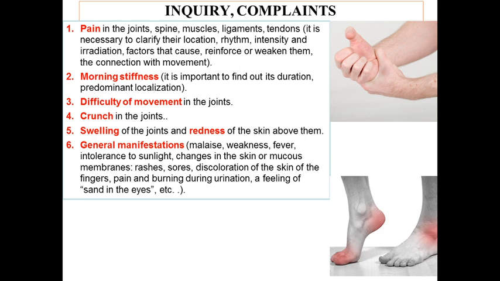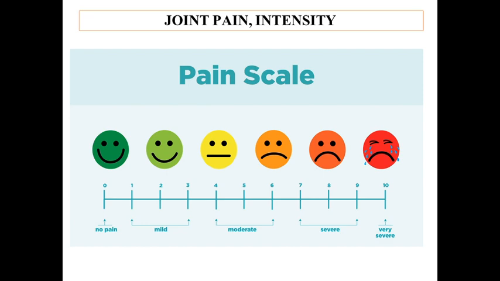General manifestations include malaise, weakness, fever, intolerance to sunlight, changes of skin or mucous membranes, rashes, sores, discoloration of skin of the fingers, or sometimes may occur pain and burning during urination, or sometimes the feeling of sand in the eyes. These symptoms mostly occur in connective tissue disorders. Also, those kinds of disorders can damage the joints.